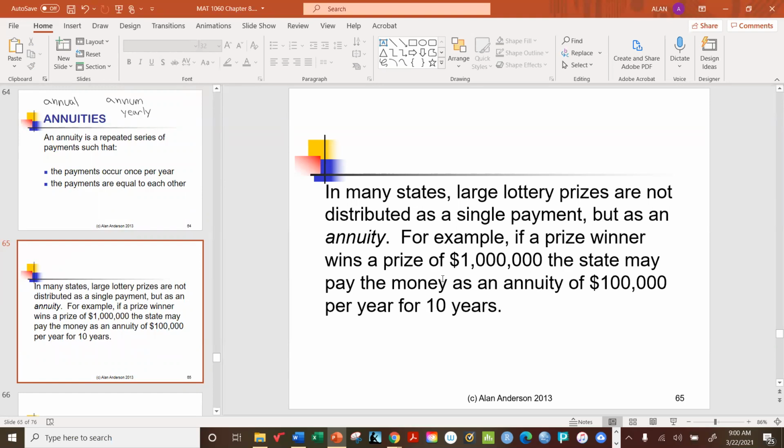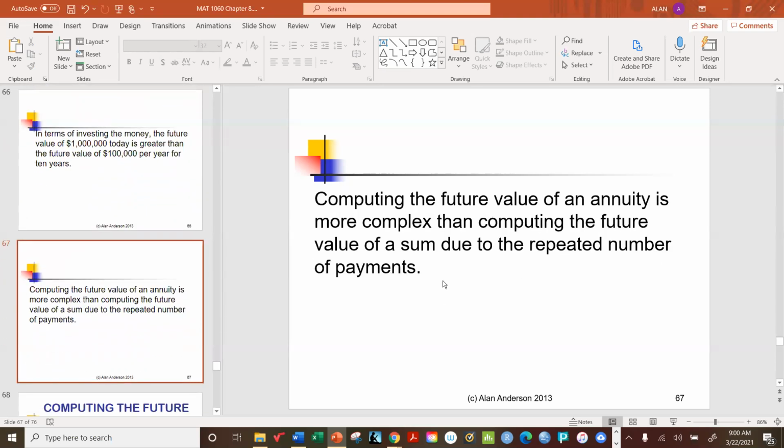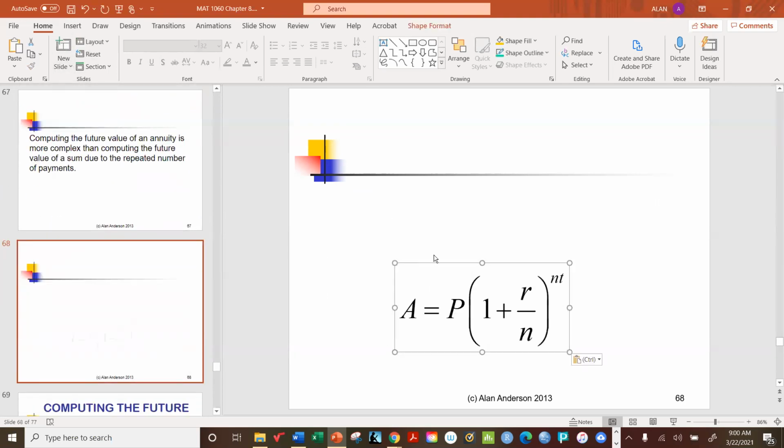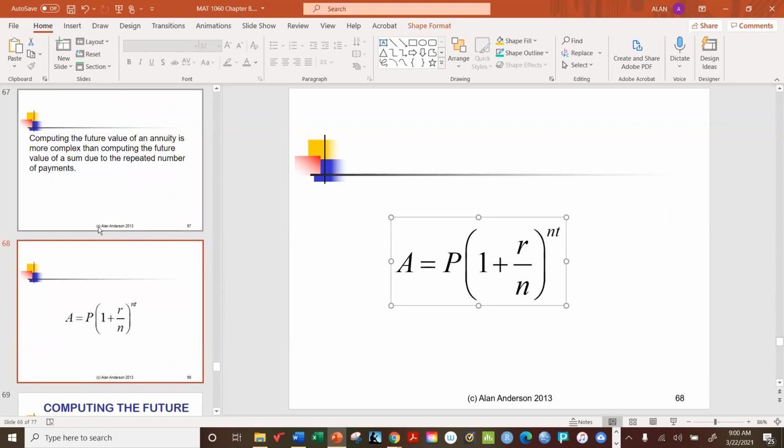All right, so now, by the way, before we go any further, I want to mention one thing. This is something that you see in financial literature.